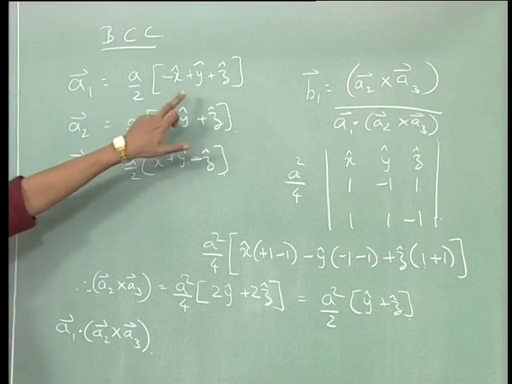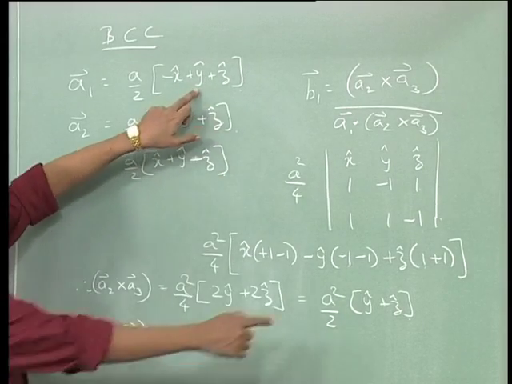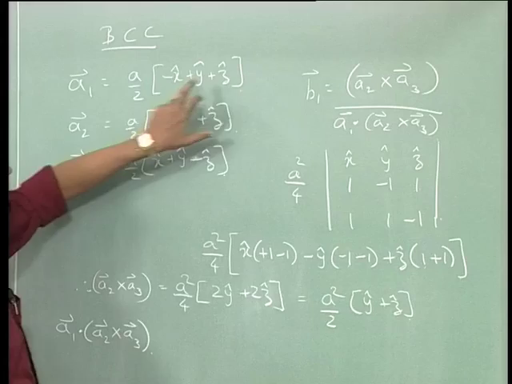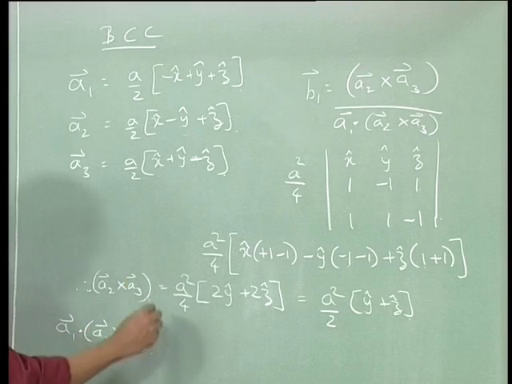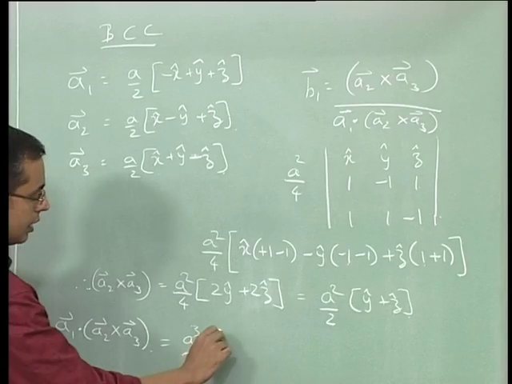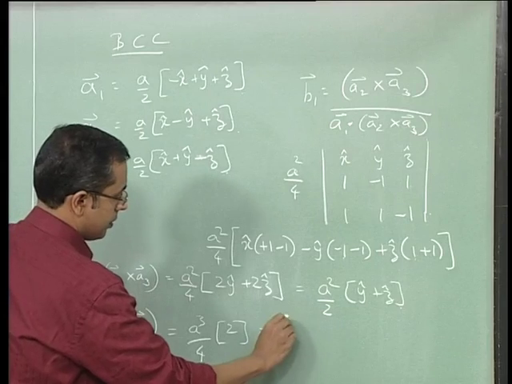There is a y component and a z component. So y dot y will be 1, z dot z will be plus 1, so we simply get plus 2, and a by 2 into a squared by 2 will become a cubed by 4. So this is a cubed by 4 times 2, which is a cubed by 2.